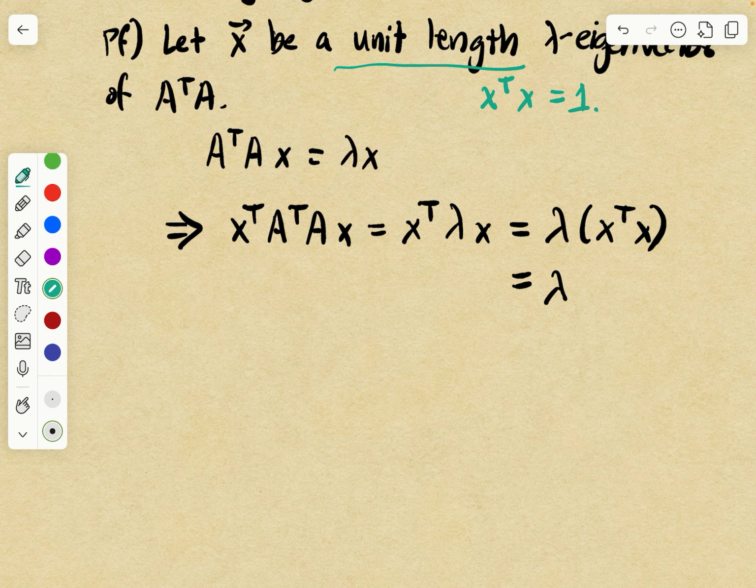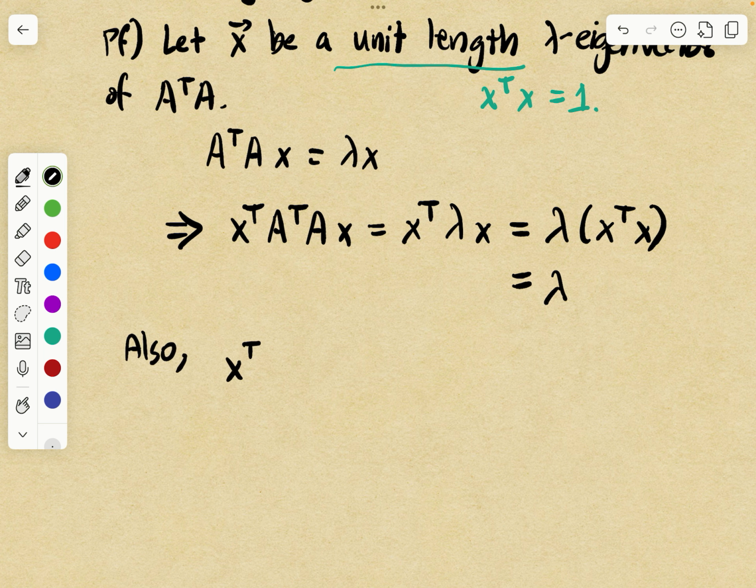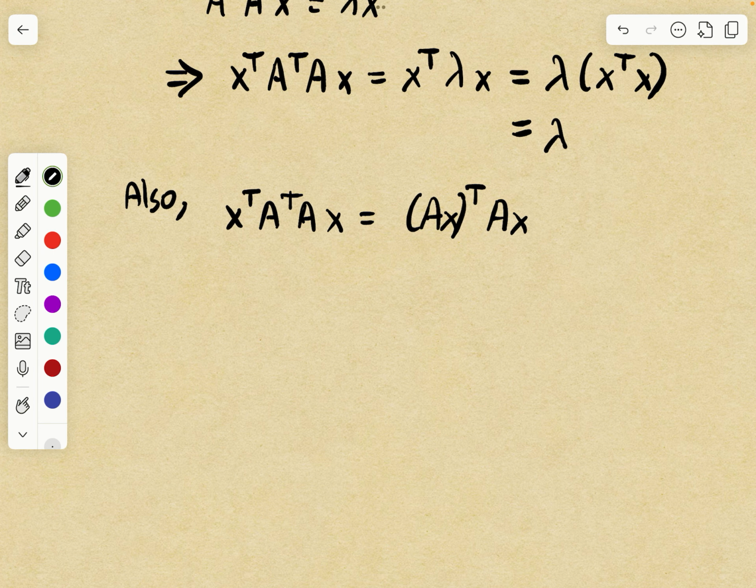On the other hand, we can also express x transpose A transpose A x as (Ax) transpose times Ax. And this is just the dot product of Ax with itself.